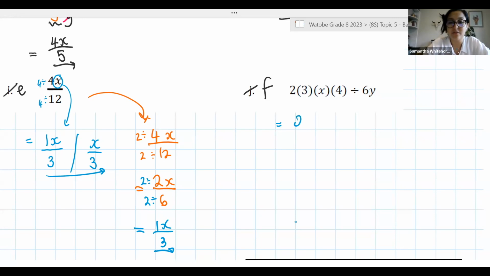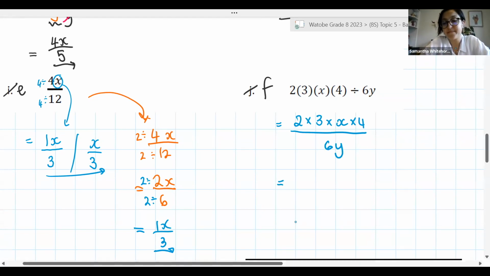Okay, so guys, if we want to, we can do exactly that and write them with multiplication signs so that we know exactly what that relationship or operation between them is. All divided by 6y. Okay, carry on. And then I said 2 times 3 is equal to 6, times x times 4, still divided by 6y.